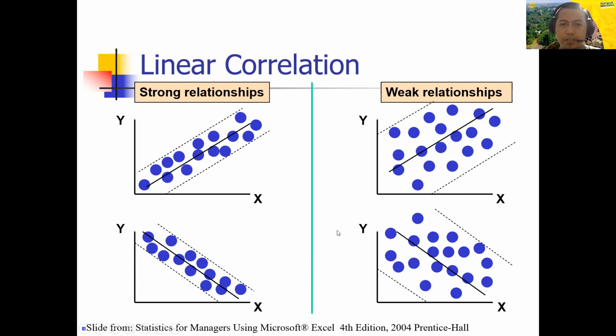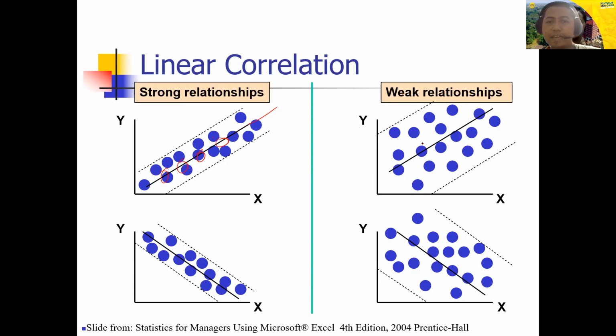And also from this graph, we want to show you the differences between strong and weak relationships, strong and weak correlations. As the data is tied to the straight line, the predictive line, it means that we have a strong correlation.